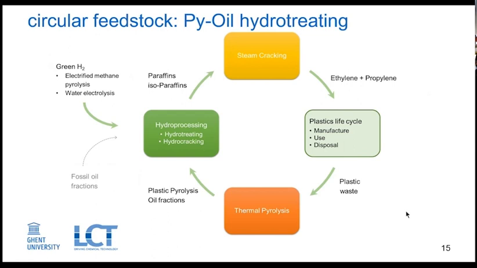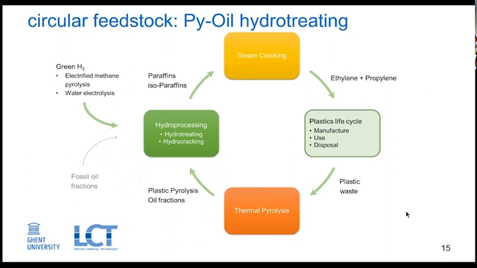This plastic pyrolysis oil would come from thermal pyrolysis of plastic waste. The target would be to tune the process to maximize the production of paraffins and isoparaffins that could be fed to steam cracking. Steam cracking is well known as the process producing the main building blocks for plastic production, ethylene and propylene. After the plastic life cycle ends, this plastic waste can be pyrolyzed, as I already said, and this way it's possible to close the cycle of plastics.